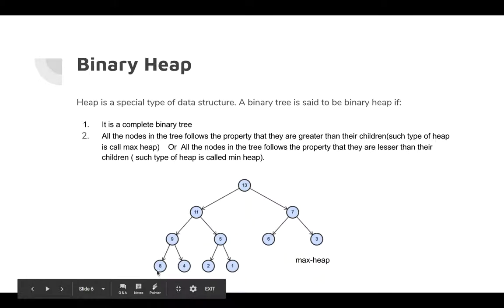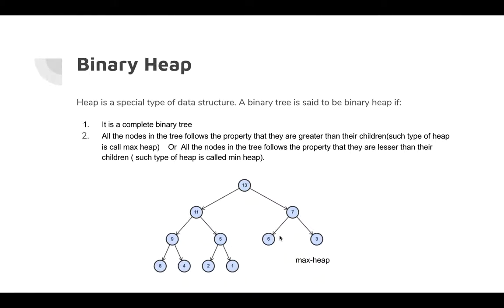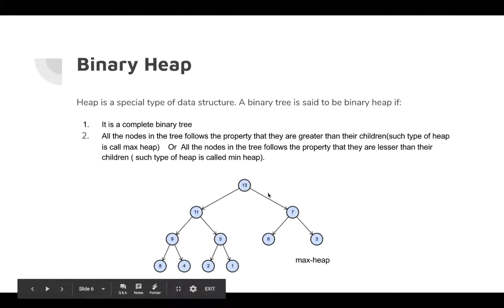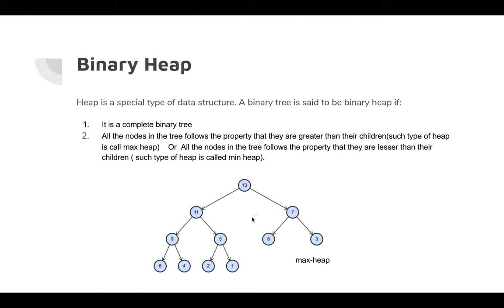Similarly, 9 contains 8 and 4, both less than 9. Similarly, 7 contains 6 and 3, both less than 7. So you can see that this tree holds a special property for all the subtrees recursively, that their parent would always be greater than their child.